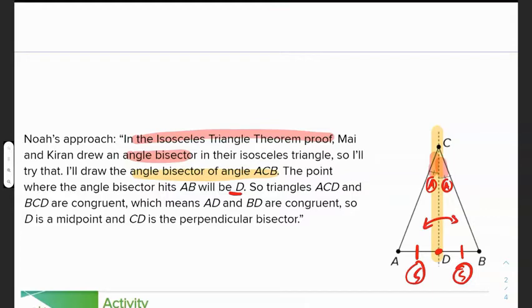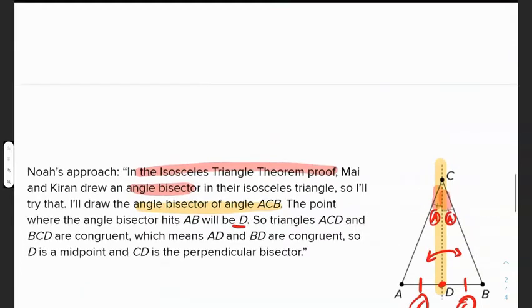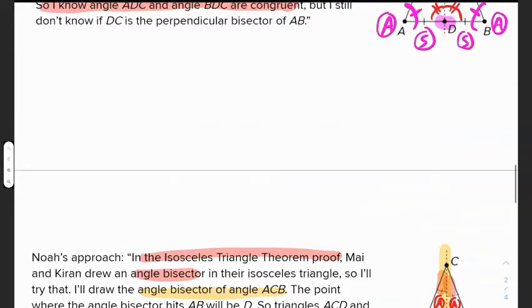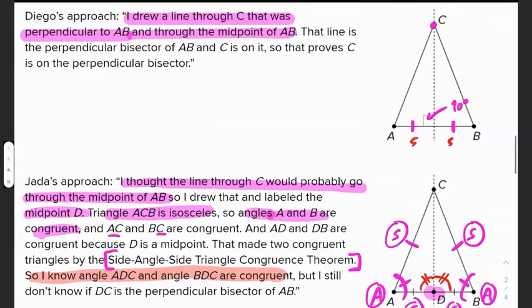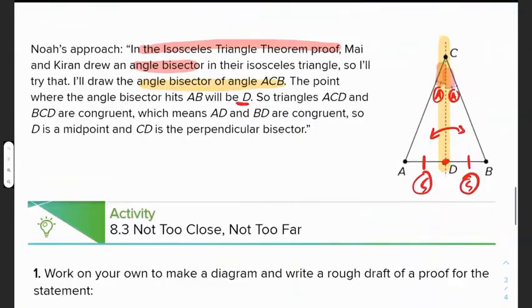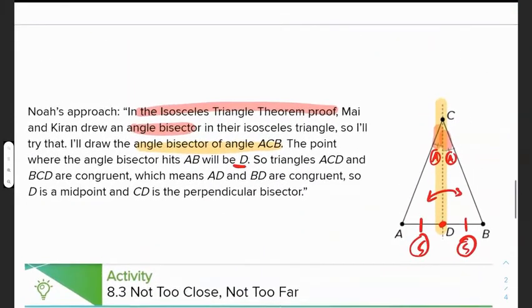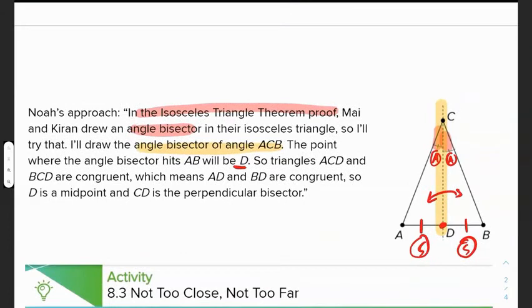What do you guys think? So who do you think has the best reasoning behind this? I think there's a mixture. Jada's using side-angle-side triangle congruency. I thought that was clever. And then this kid was approaching it with an angle bisector.